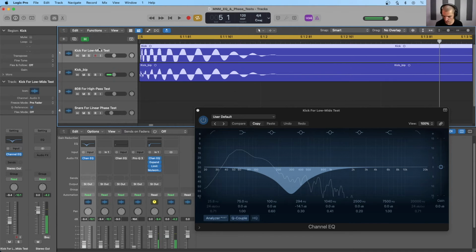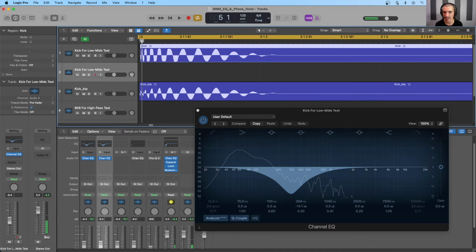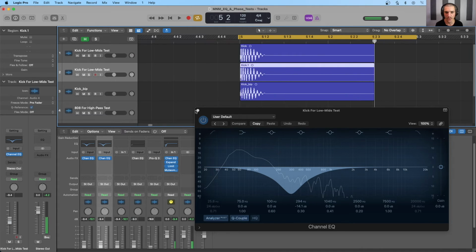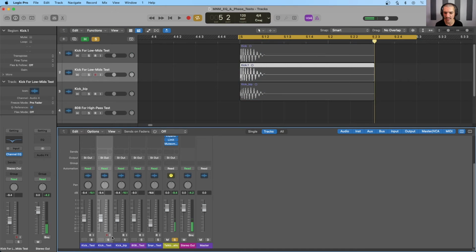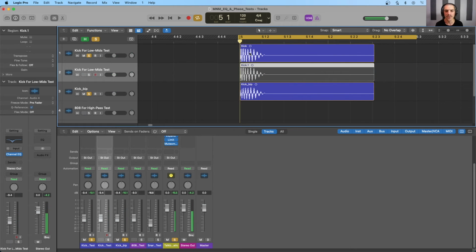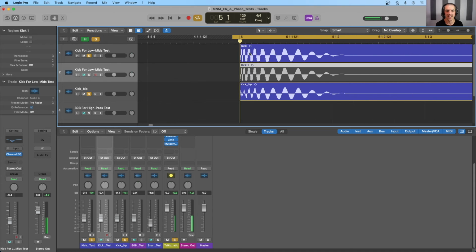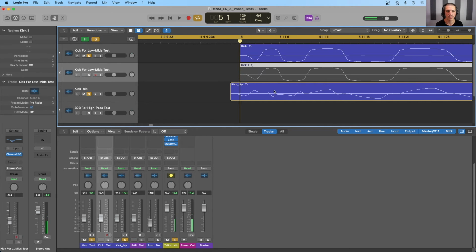Now, if we were to duplicate this track and copy this down and play the duplicates together, versus layering the affected signal with the original. You can hear that there are differences in phase that cause a sort of destructive interference between them.